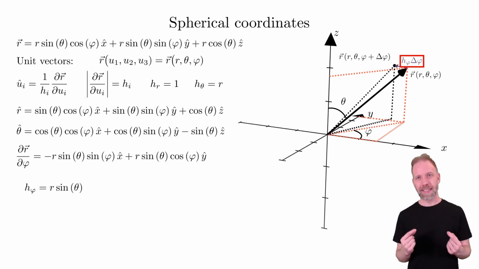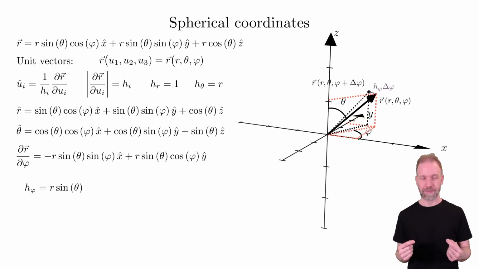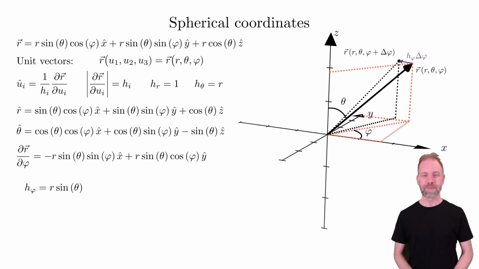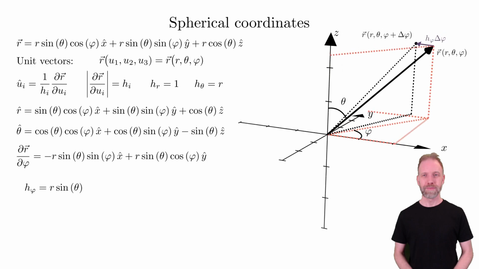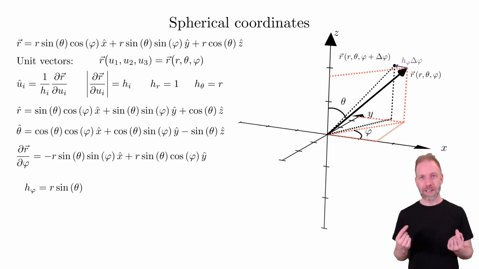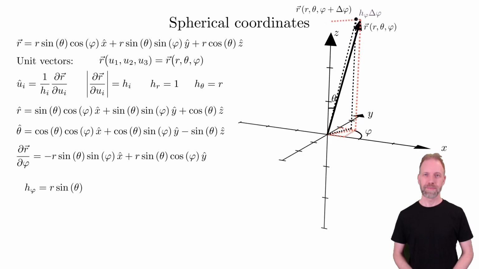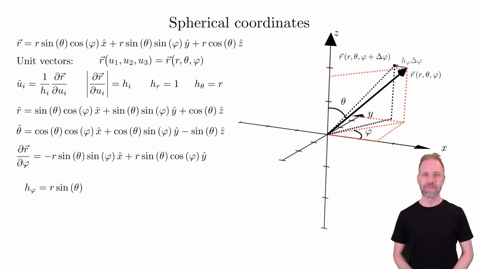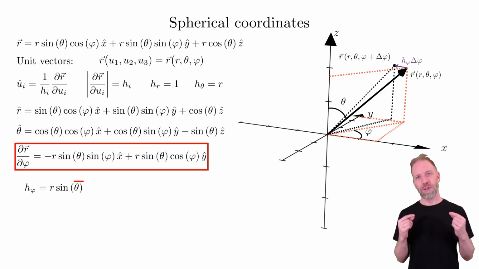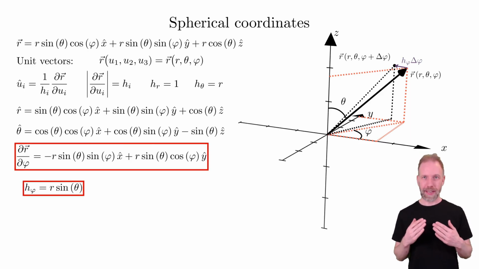By animating it, we can see that the vector for the small step varies with the radius, and also with the angle theta. Now, we normalize the partial derivative by dividing with its length.